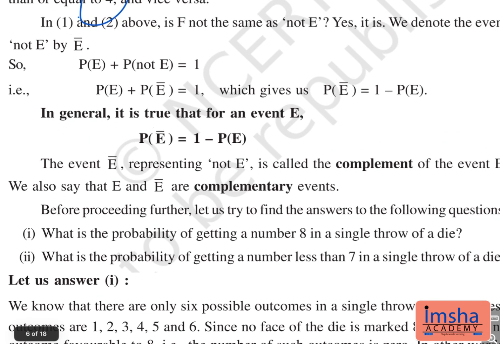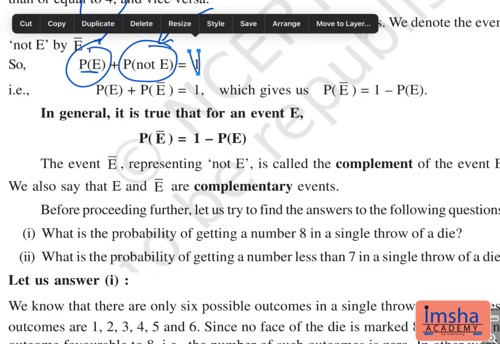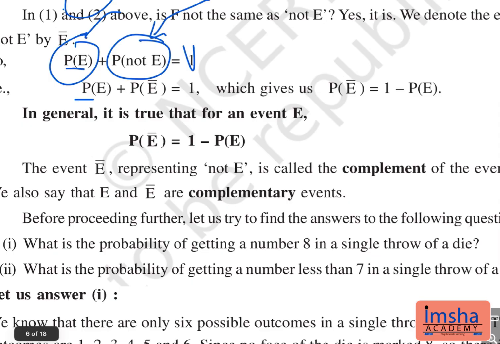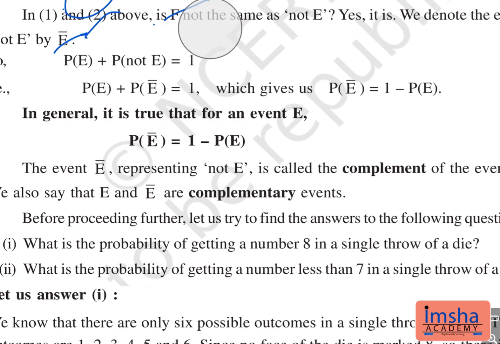So the probability of an event happening and not happening, E and not E. E means event, right? Probability of the event and probability of not happening the event is equal to 1. Okay. So we can say that probability of happening the event plus probability of not happening the event is equal to 1.